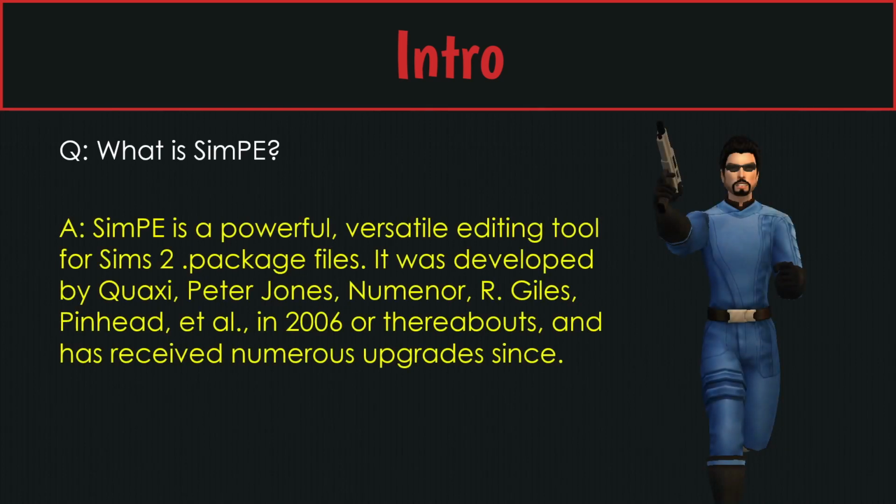What is SimPE? SimPE is a powerful, versatile editing tool for Sims 2 package files. It was developed by Quaxy, Peter Jones, Numenor, Argyles, Pinhead, and several others around 2006, and since then it has received numerous upgrades.